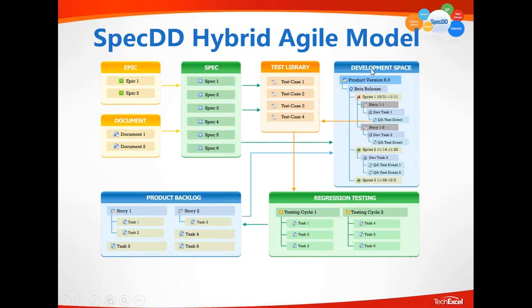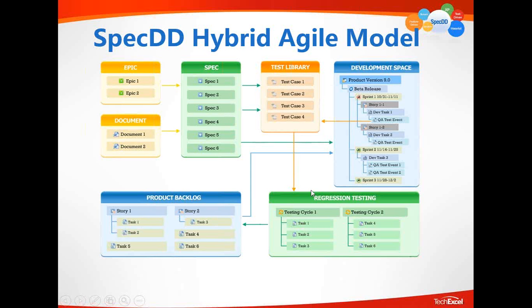Obviously, if you think about a Scrum process, it's really all lives inside the development space. But we added the requirement objects. We added the test case object. And we added the regression testing cycles, and the task representing the testing.